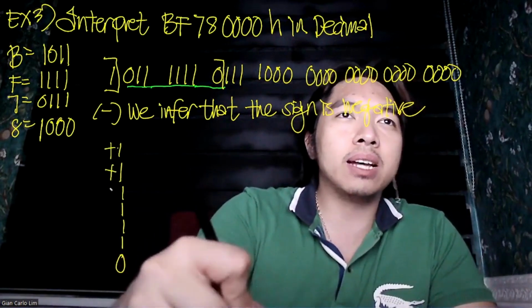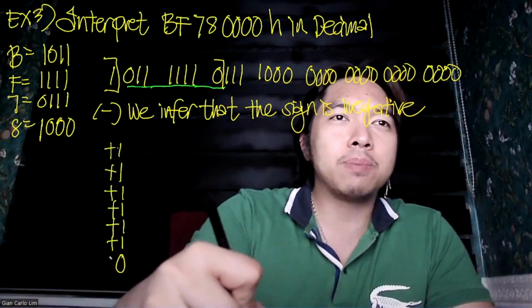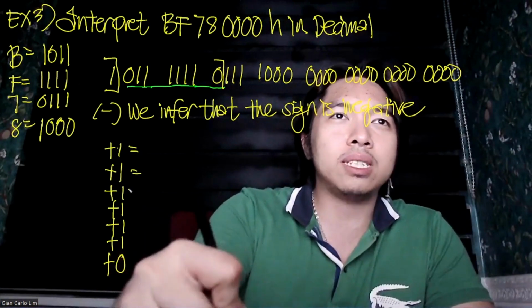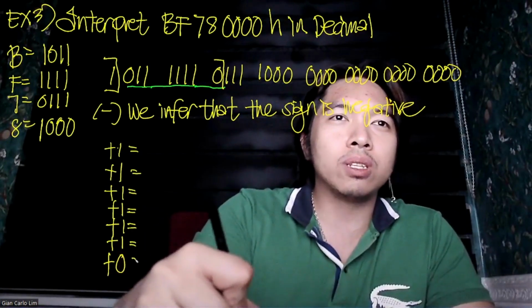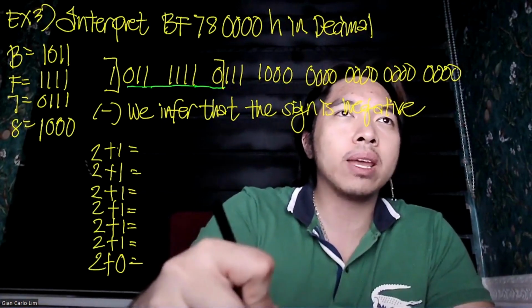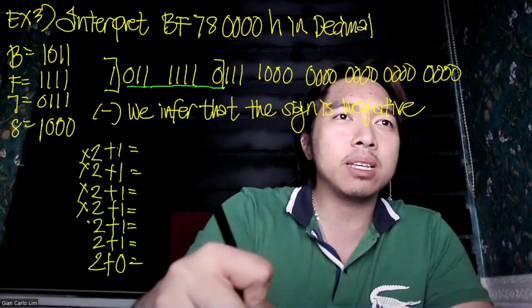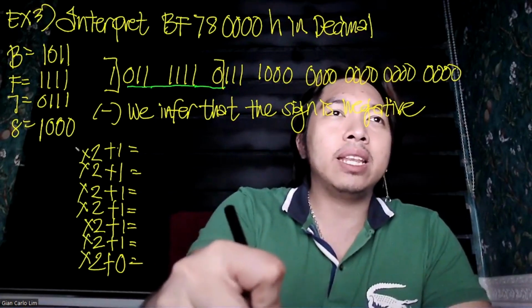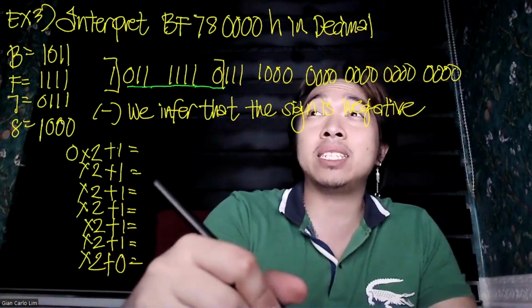So plus, plus, plus, plus, plus, plus, and plus equals, equals, equals. 2, 2, 2, 2, 2, 2, 2. Times, times, times, times. And then this will be 0. Okay, so alam naman natin na 0 yan.